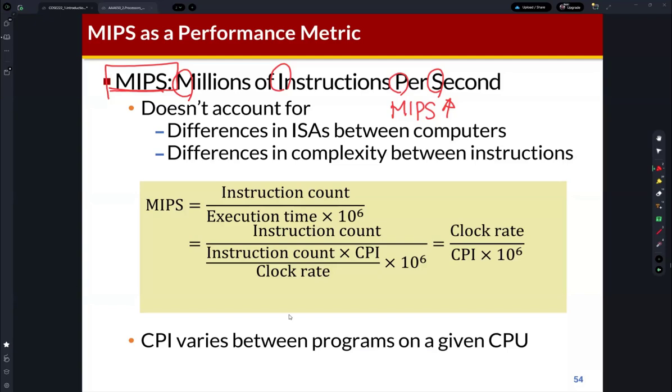So we can think that if the MIPS is high, then this computer is fast, which means the performance is higher, intuitively, right? So is that true? What is missing?